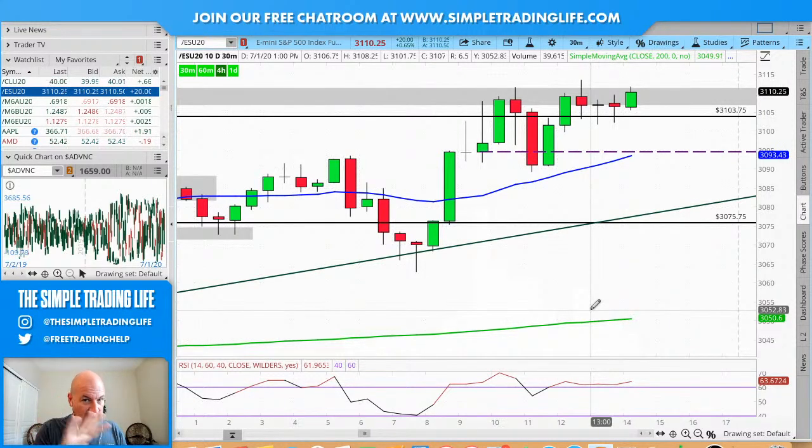On several, not all of them, ES is one of them, they have special day trading rates. So you can enter a standard contract for $550. I don't even remember what the normal requirement is, I want to say it's over 10 grand. But as long as it's during 8 a.m. to 4 p.m., it's only $550 per contract.